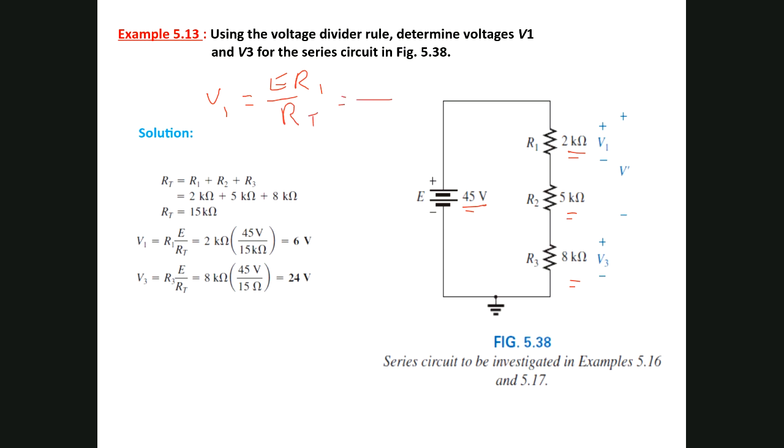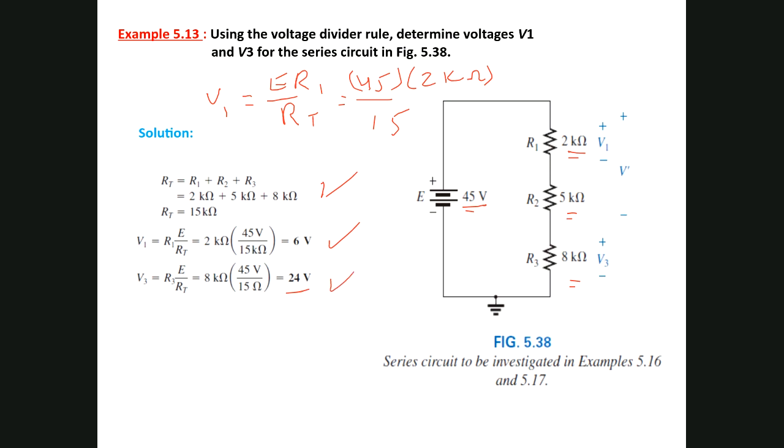The source is 45. R1 is 2 kilo ohm. The total resistance is 2 plus 5, which is 7, plus 8, which is 15. So you will get 6 volts. The other one, with the same formula, you will get 24.